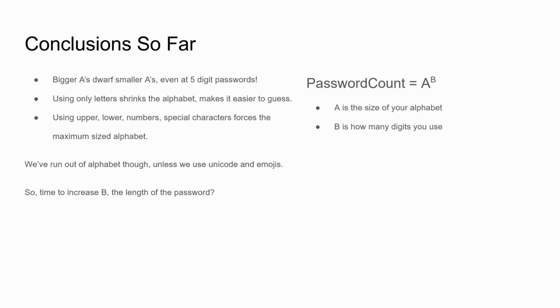And so this is why the recommendations are to use uppercase letters, lowercase letters, numbers, and special characters, because it forces the maximum sized alphabet. But we've sort of hit a problem, and that we've run out of alphabet. And that's, unless we start using unicoded emojis, but that's going to get pretty messy. And so all that we have left is just to increase B, how many digits you use in your password.